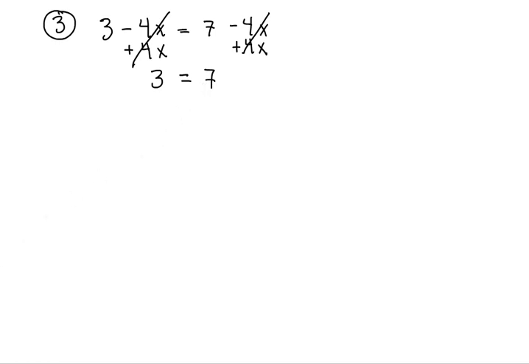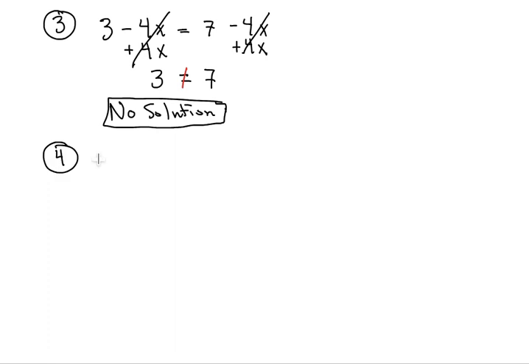And does 7 equal 3? It doesn't. 3 does not equal 7, so I'll put a little slash there. Now remember, I don't circle that. I circle no solution, because no x, any number for x, will never make the original equation true.